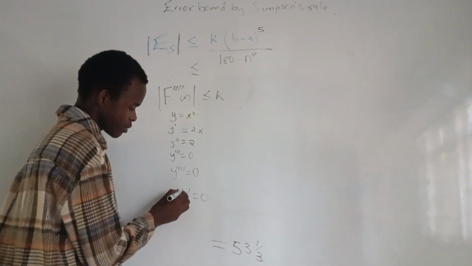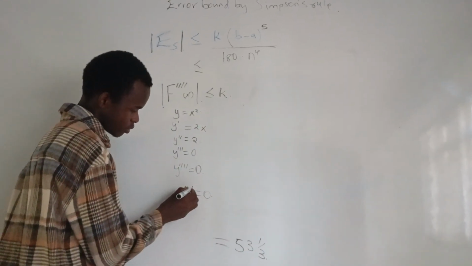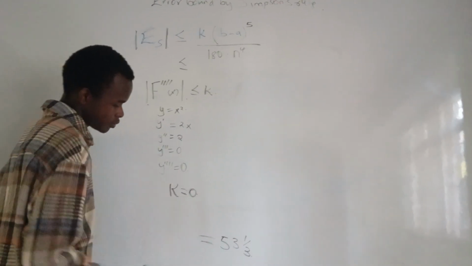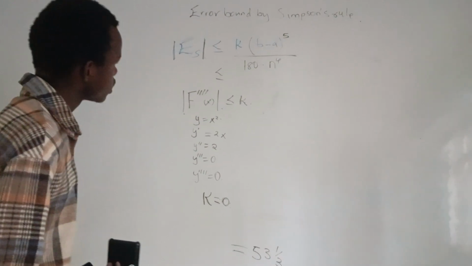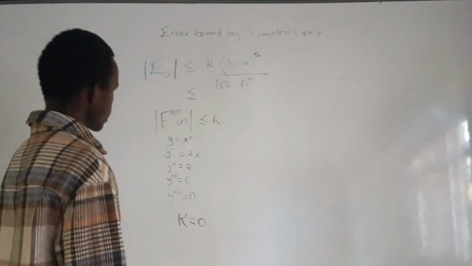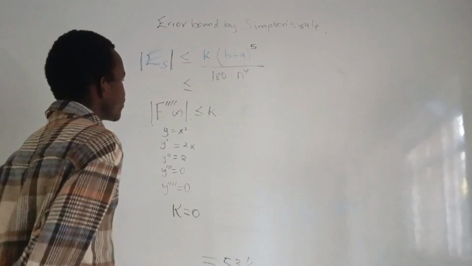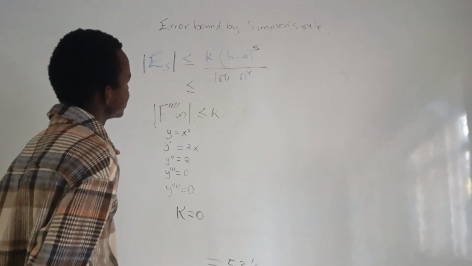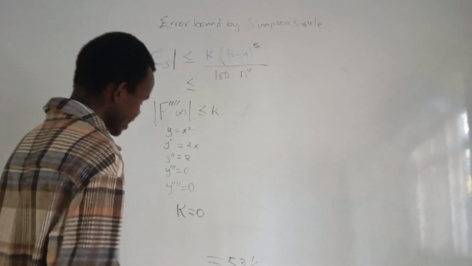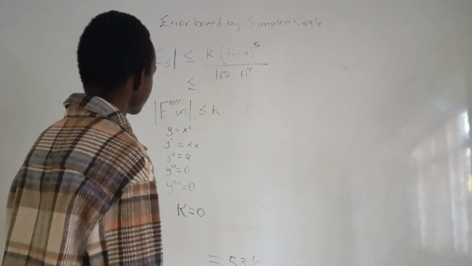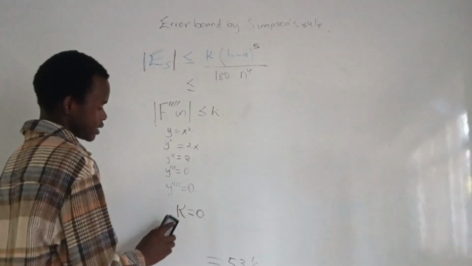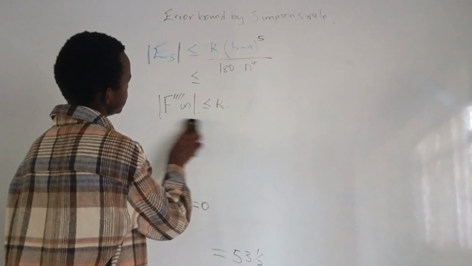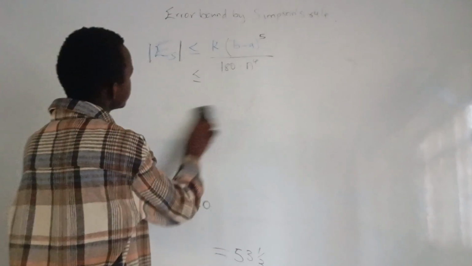According to this example, my value of k will be 0. This example is kind of weird. My error is supposed to be 0. The example is weird, but the concept is the same. So I get my value of k as 0.